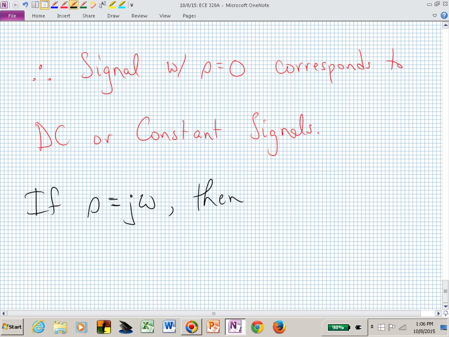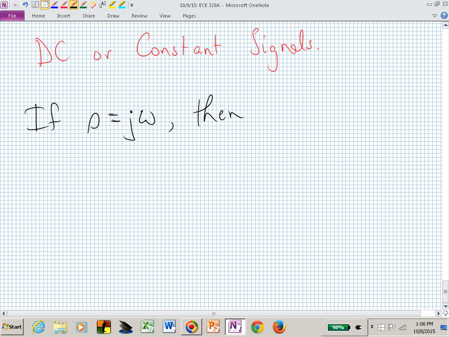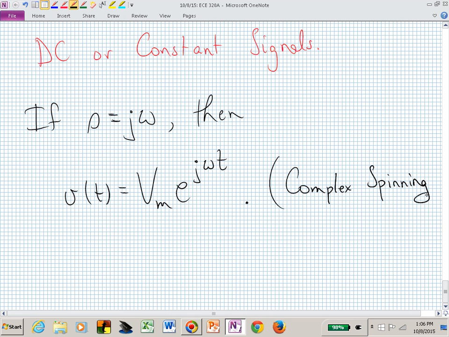S is equal to j omega, and you could pick a particular omega. You could say 8. What's going to happen when omega is 8? Now what do we have for little v of t? V of t becomes v sub m e to the s, which is now specified to be j omega times t. And this is actually now a complex spinning phasor.